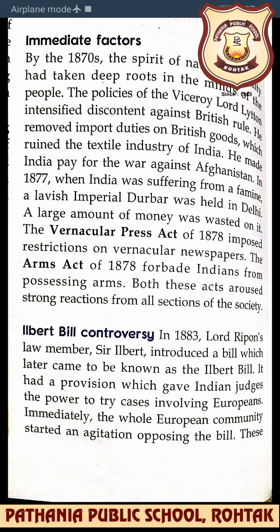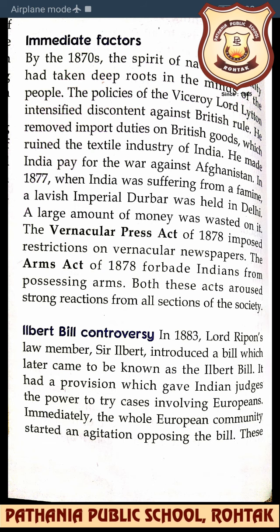A few decisions taken by Lord Lytton increased the discontent. He removed import duties on British goods, which ruined the textile industry of India. It means British goods were available in India at a very low cost because they did not have to pay any import duties. He made India pay for the war against Afghanistan.